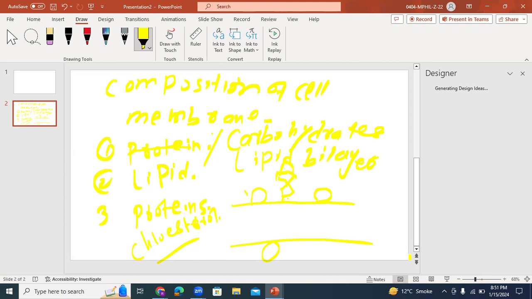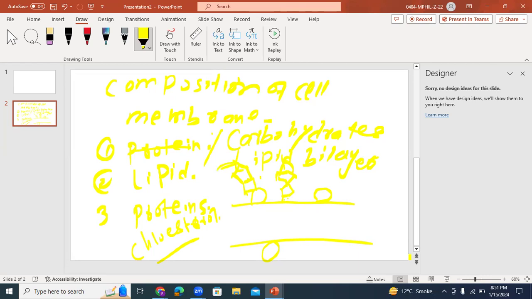There is another way by which this carbohydrate will be present. It will be present on this protein as well, in this structure like this.